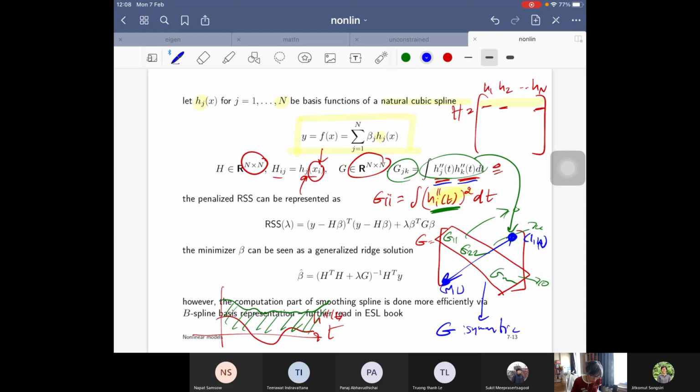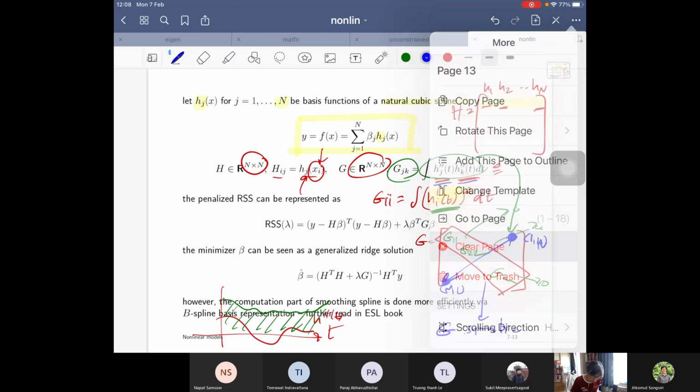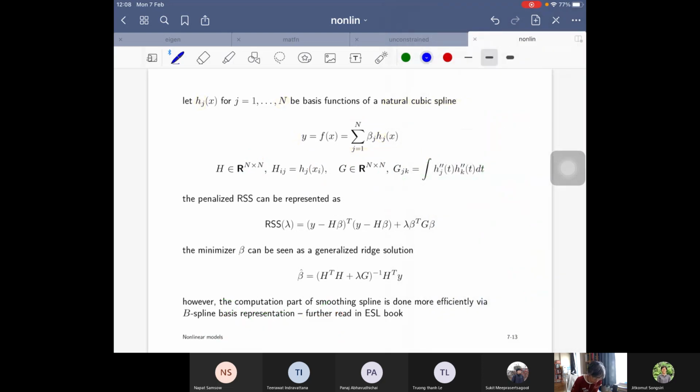Okay, and then when we formulate in this way, remember that we have the loss function as the sum of (y_i minus f(x_i)) squared, plus lambda times the integral of f double prime squared dt.